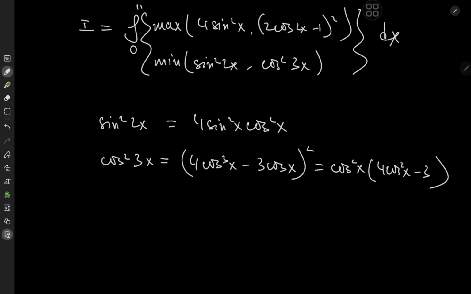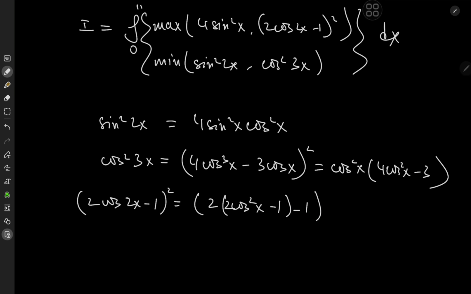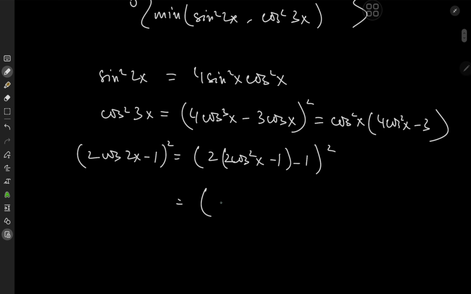And this term over here, the 2 cosine 2x minus 1 whole thing squared: cosine 2x is in fact 2 cosine square x minus 1, so that means this thing simplifies to 4 cosine square x minus 3 whole thing squared, which is quite nice.